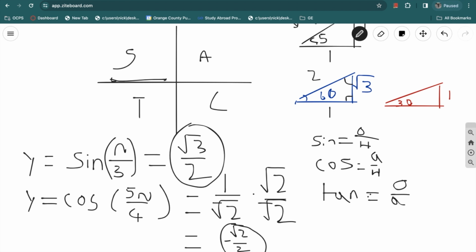It's really important that you don't miss that, and especially because it's 5 pi over 4. Actually 5 pi over 4, so that's 1 more than 4 pi over 4. So it's actually gonna be here.